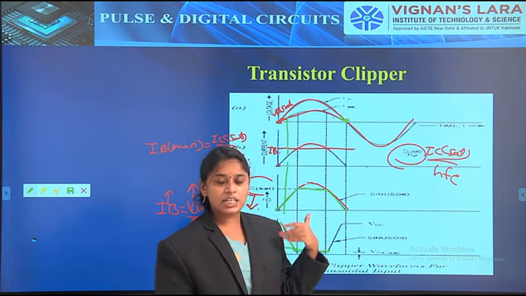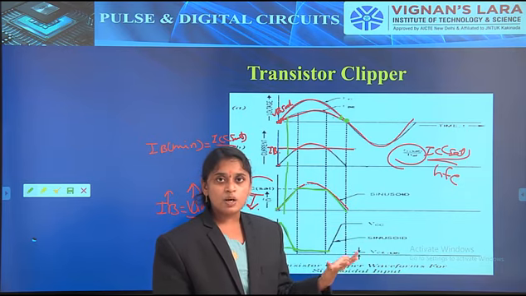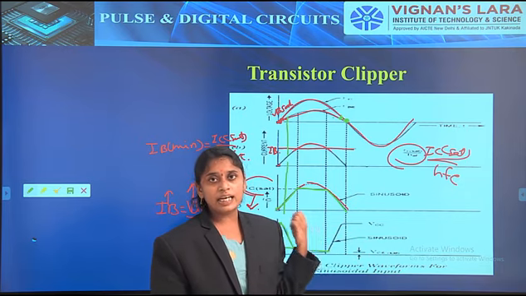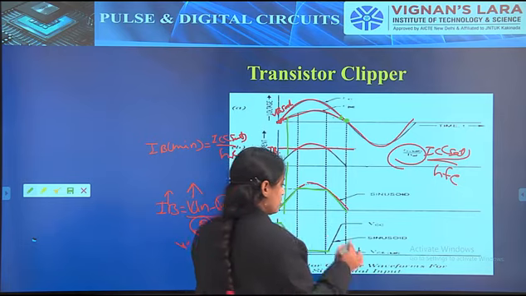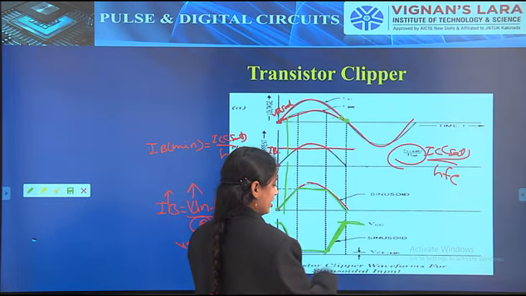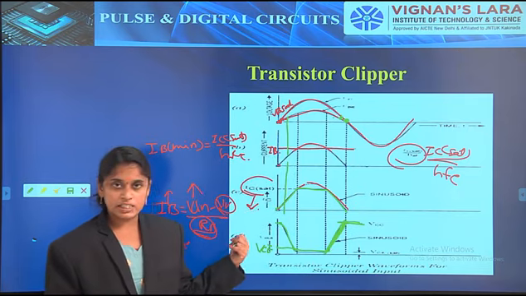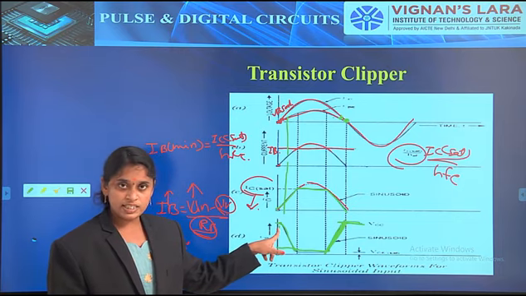What happens when the transistor goes to the cutoff region? The transistor acts as an open switch, so we get the maximum output signal, the VCC signal, at the output side. This is the transition between these lines: when the input reaches the VBE line, the output will be VCC.